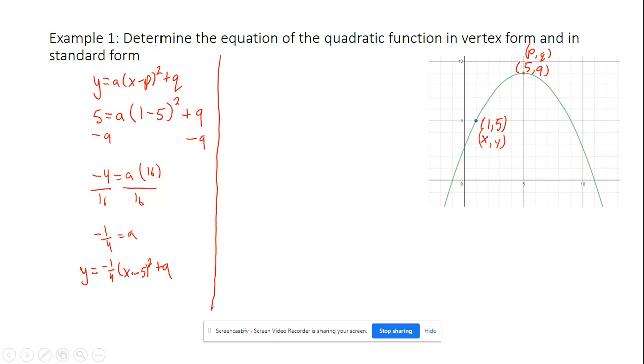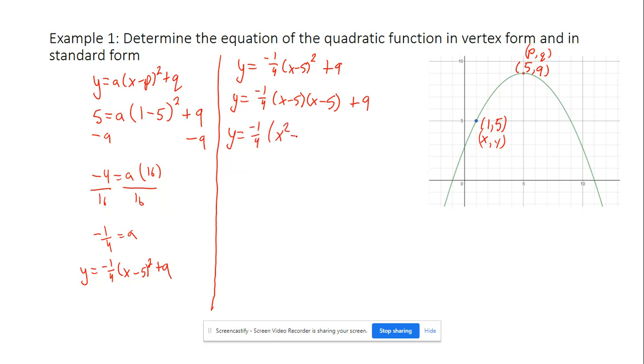So now we want to figure out what this is going to look like in standard form. For standard form, we're going to start in vertex form and convert this into standard form. So this is y equals negative 1/4 (x minus 5)(x minus 5) plus 9. y equals negative 1/4 (x squared minus 5x minus 5x plus 25) plus 9.